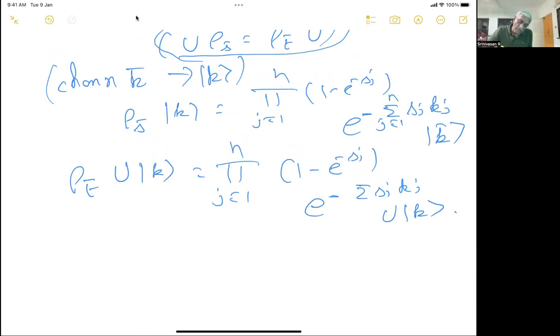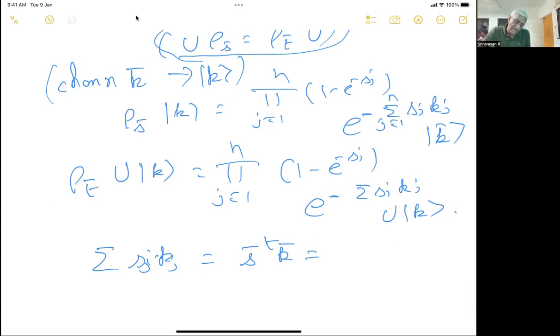Okay. Now what is this? Summation Si Ki, which we can write as S bar transpose K, right? As K is an integer column vector, and S is equal to what?